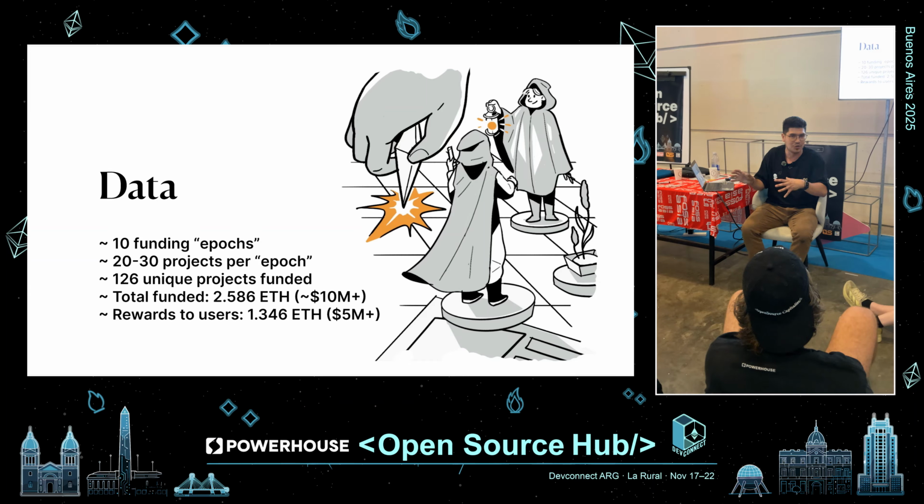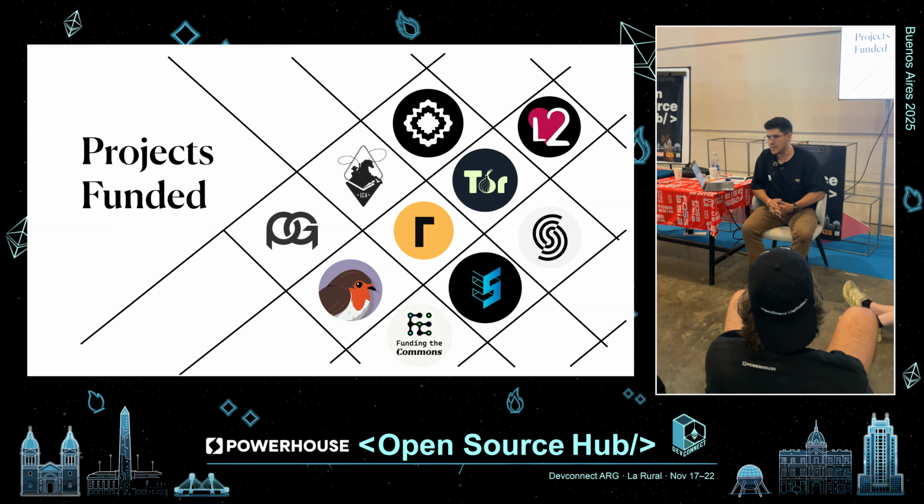Maybe this can also show you the split between individual rewards and funded amount. The projects that we funded are probably familiar to some of you here. A lot of them are very core to Ethereum development.